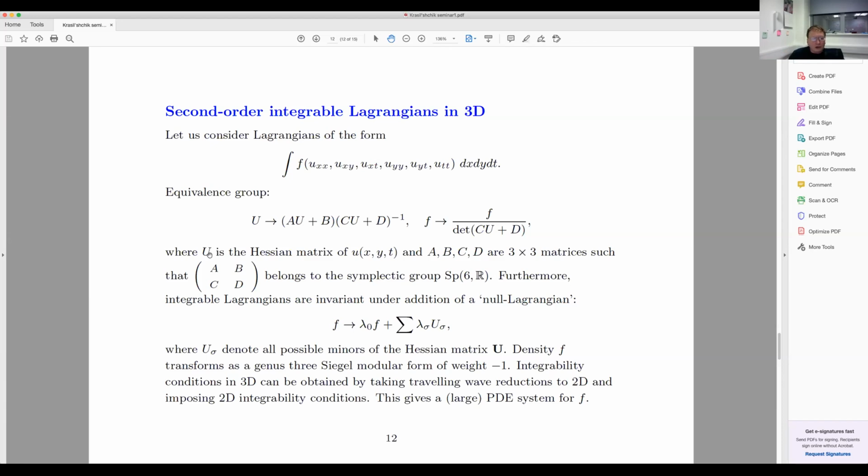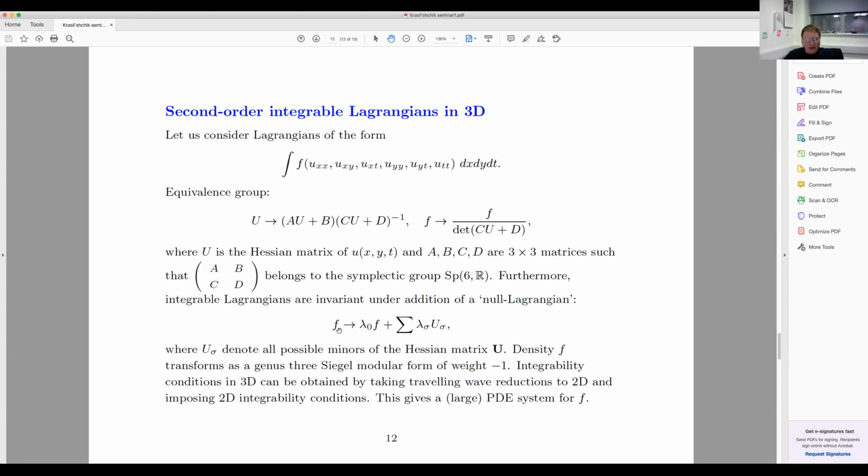Capital U is the Hessian matrix of my function U, and it transforms like this, and F transforms like this, right? So this is modular symmetry. It suggests a link to Siegel modular forms, which has to be still elaborated. It's work in progress.